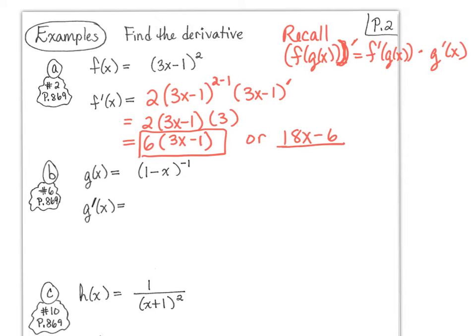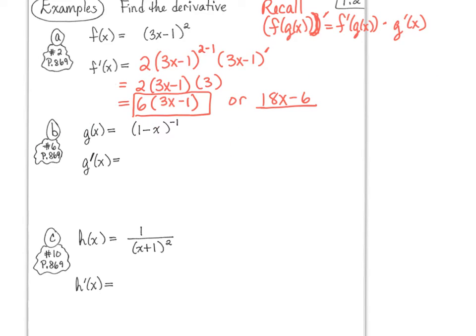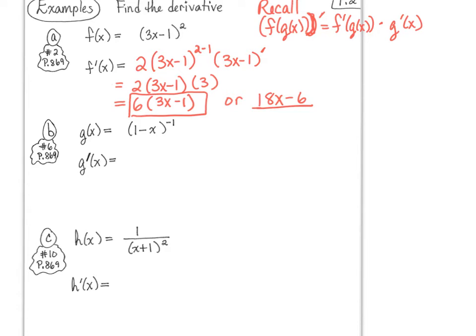Do part B. So I've given you g of x equals the quantity 1 minus x raised to the negative 1. I want you to find the derivative g prime of x. What do we get here? Yes. Can I start from the beginning again? You can go ahead. So bring negative one down, so you have negative 1, times the 1 minus x, which is negative 2.